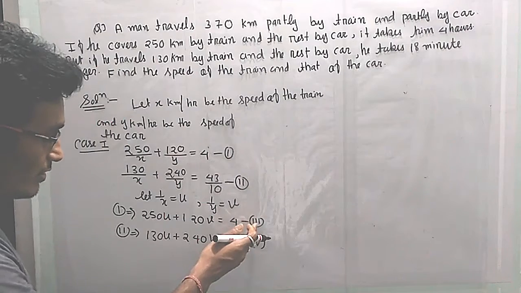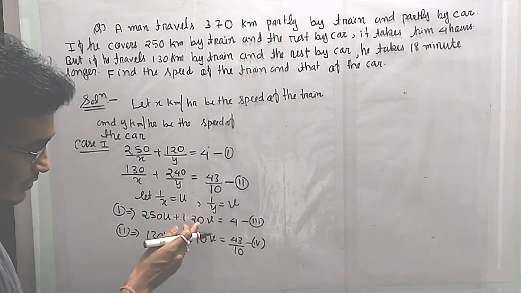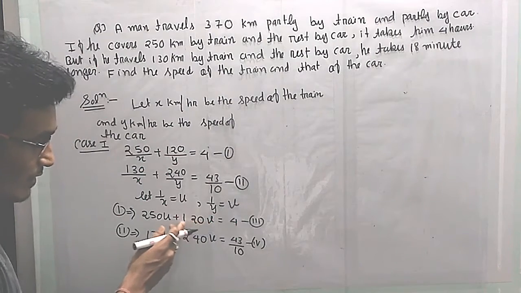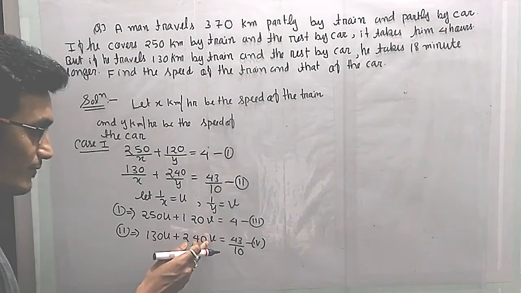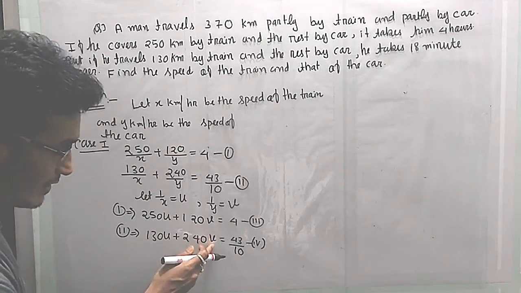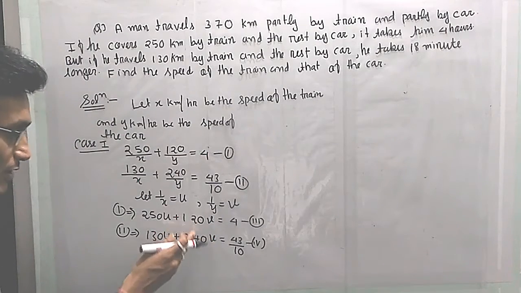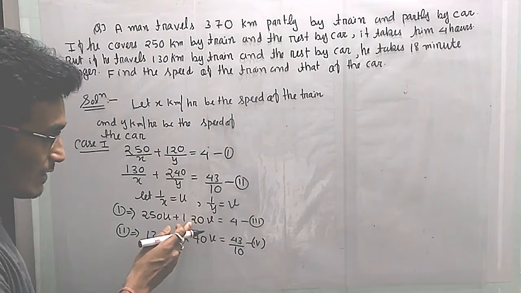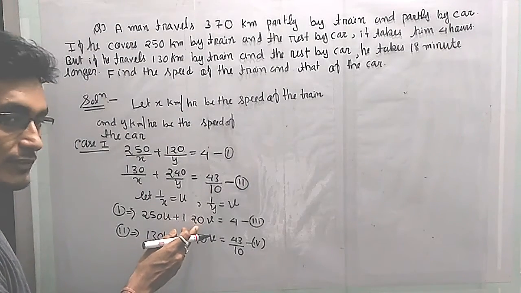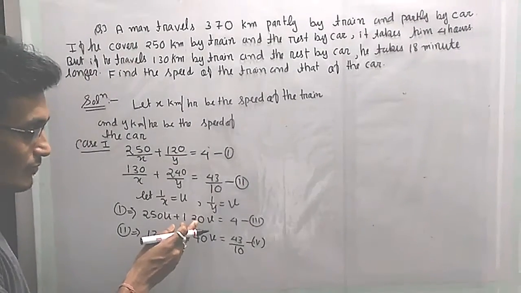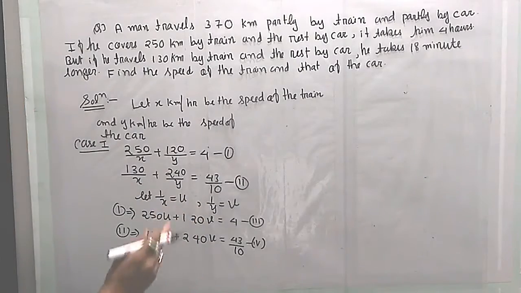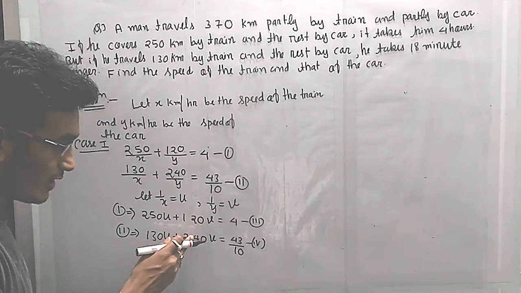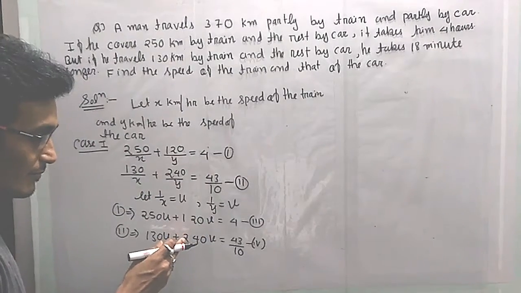In equation 3, you can notice that the variable with 120 is v and the variable with 240 is v, and 120 and 240 are multiples. When 120 is multiplied by 2, we get 240. That means to eliminate one of the variables, we should find the LCM. What is the LCM of 120 and 240? 240 is the LCM.